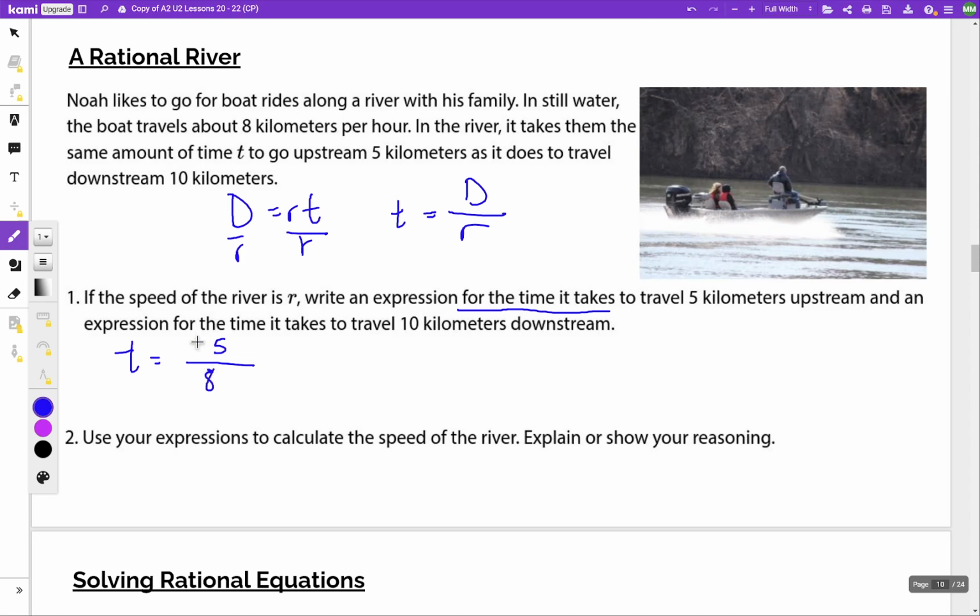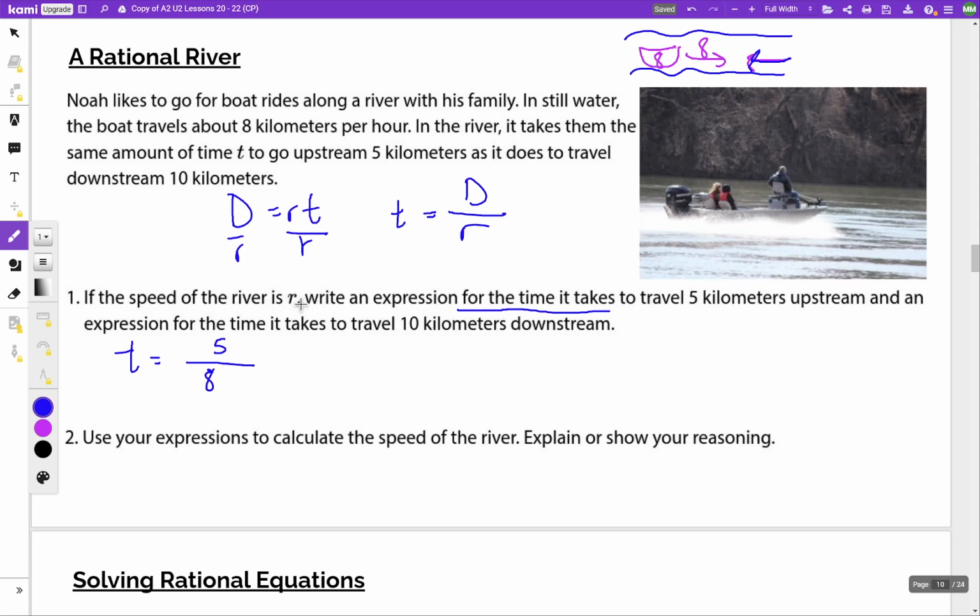However, don't forget that because we're traveling upstream, the river is going to be pushing against us. So in this particular case, let's say here's my stream. Let's draw it up here. So when I'm traveling upstream, here's my boat, and I'm traveling at a rate of 8. Now, my river is going back at us, and how fast is the river going?